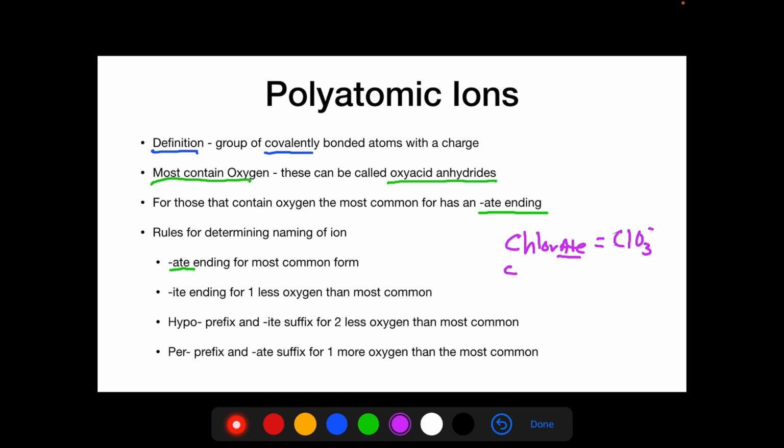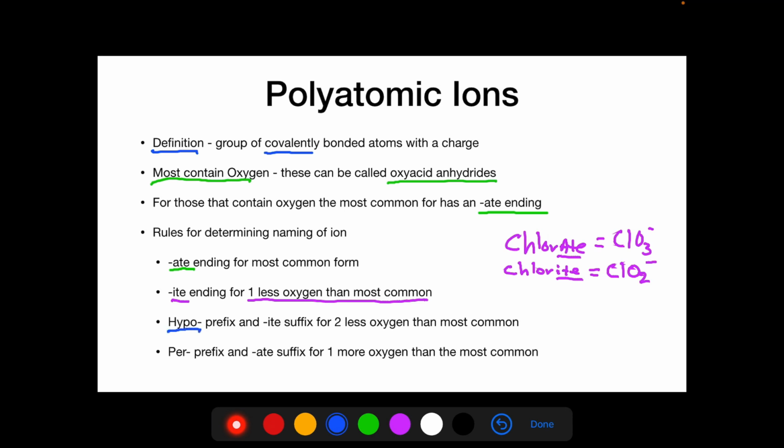If we have chlorite, now we have the ITE ending, and an ITE ending means that it has one less oxygen than the most common. So one less than 3 is 2. ClO2 is the formula for chlorite, and it has a minus charge.